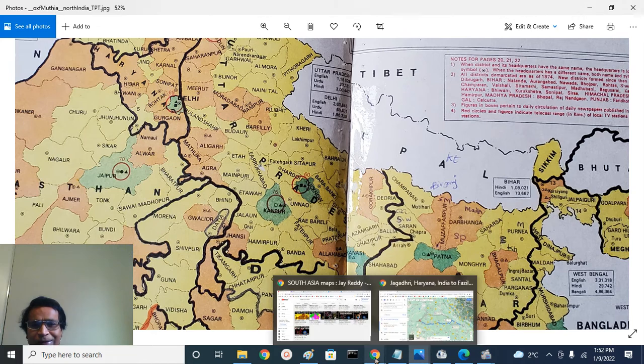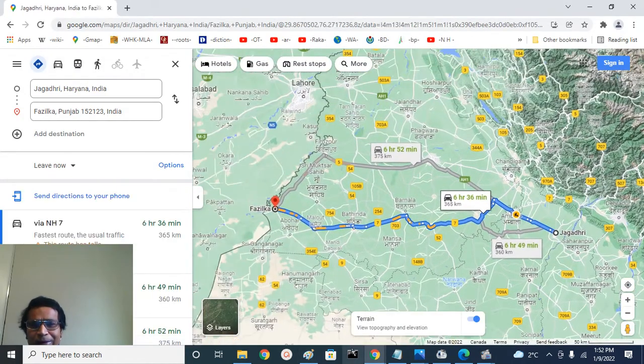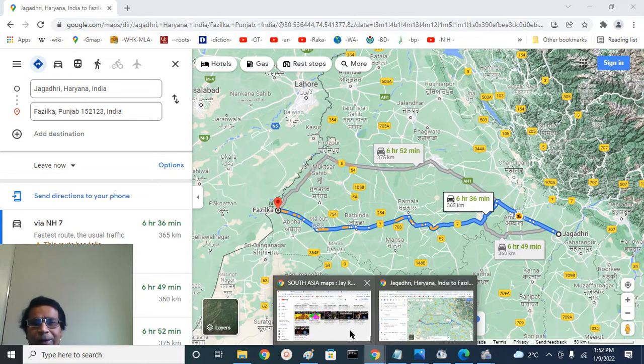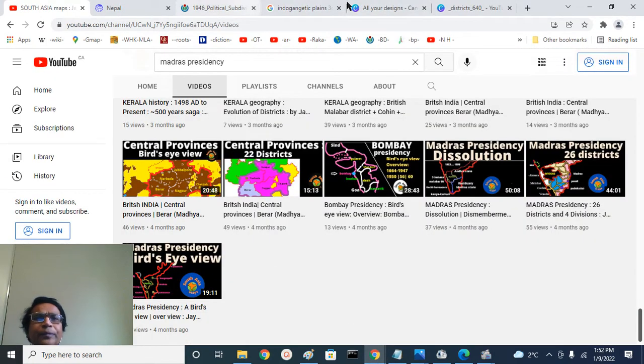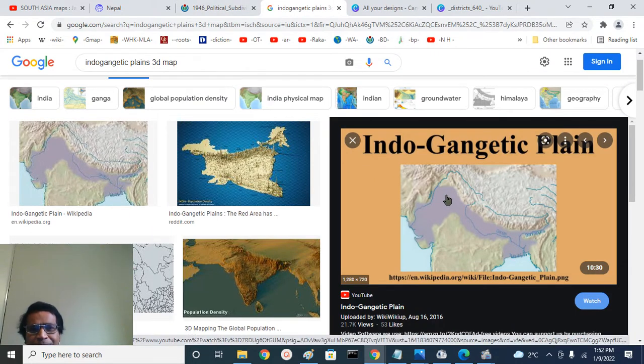And you can see that beautiful map here, and I will show. And yeah, these are the Indo-Gangetic plains we are talking about. The Indus plains and Punjab plains and Sindh region are already under Islamic imperialism, the eastern part.